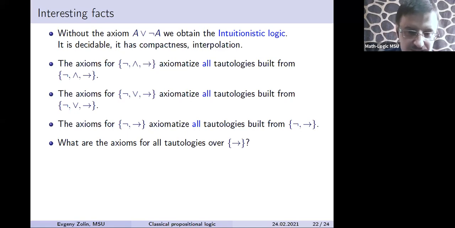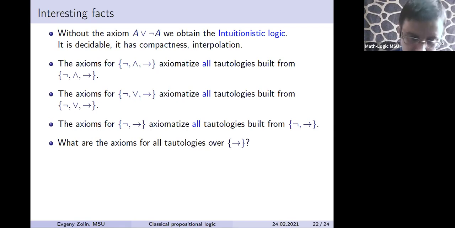You can build formulas using just implication. Some of them are tautologies. Can you write axioms that are sufficient to prove all tautologies, with the rule modus ponens?